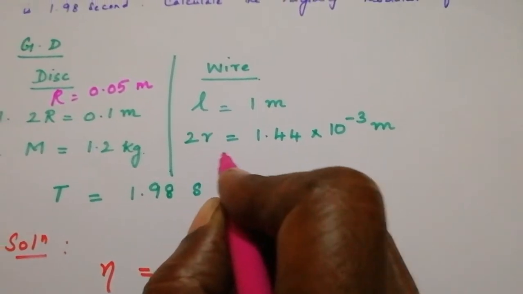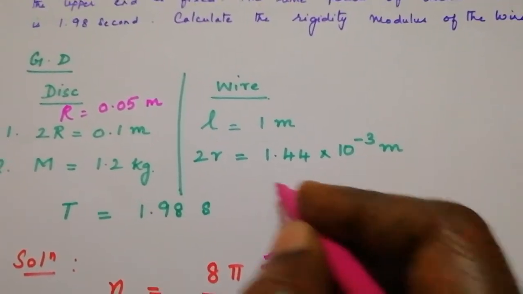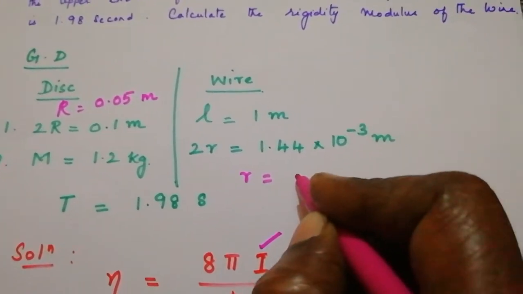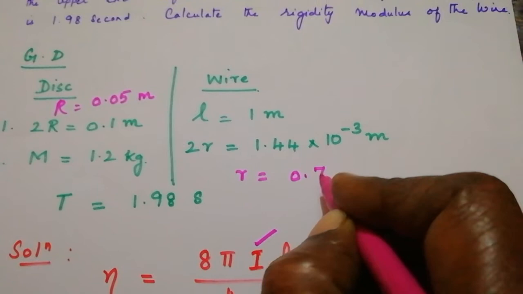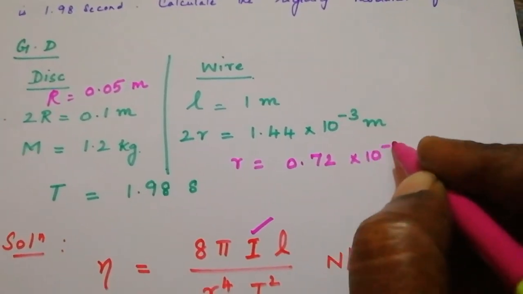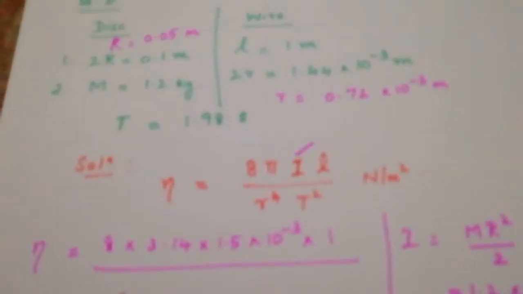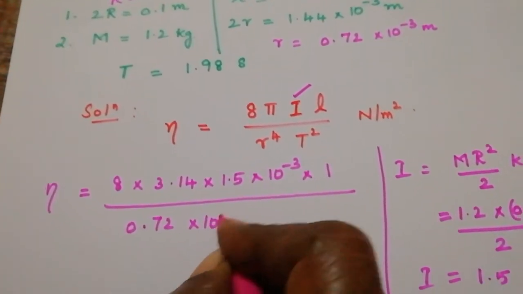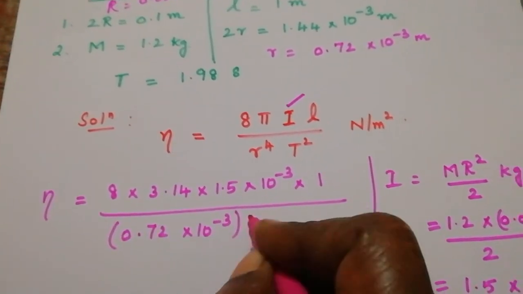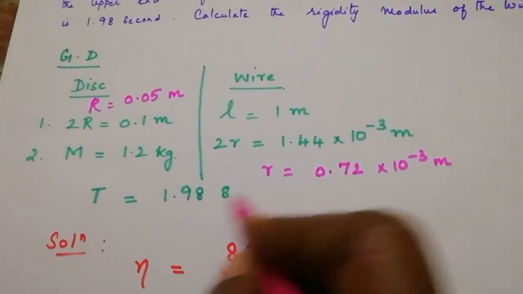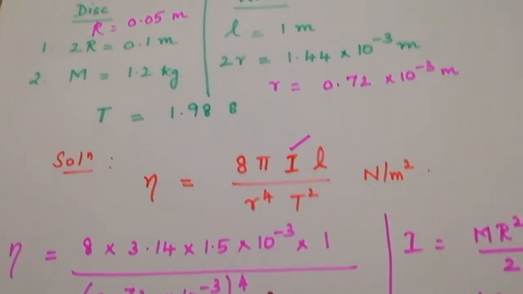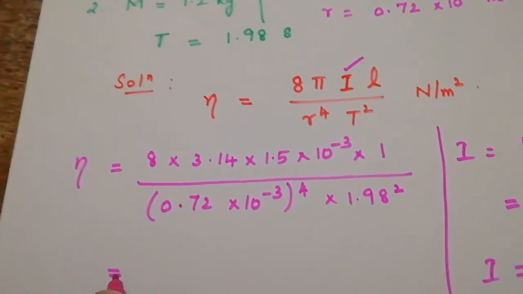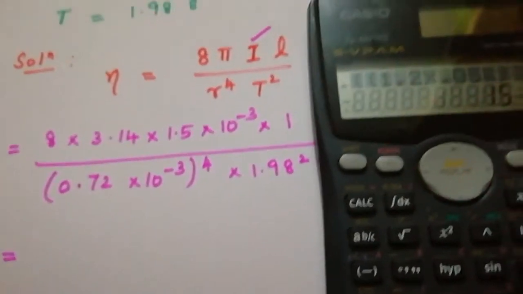Here 2R is 1.44 × 10^-3 meter, therefore R is this divided by 2, which gives 0.72 × 10^-3 meter. So, 0.72 × 10^-3 the whole power 4, and T^2 value is given as 1.98 square. Using the calculator, I am going to solve it.